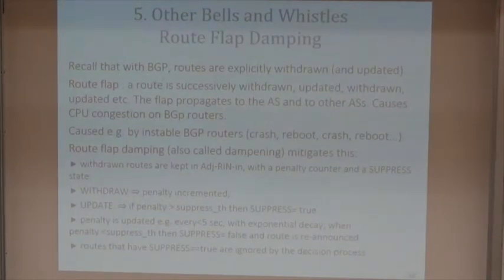The problem is that every route change in BGP is propagated everywhere, like in any routing protocol. But because of the scale of BGP and the fact that it's global at the internet scale, there is always somewhere some change, which is okay, except if the changes are due to bugs.